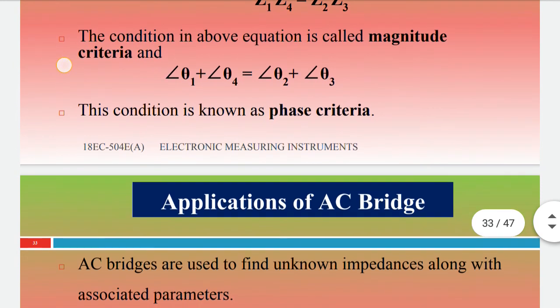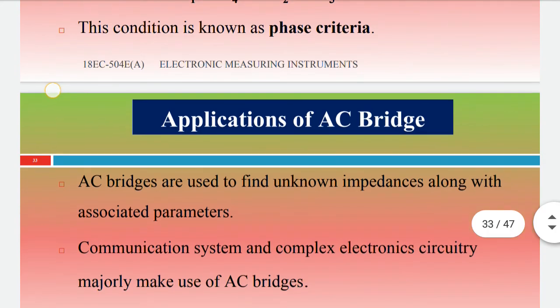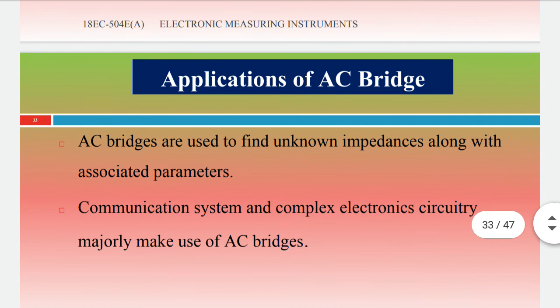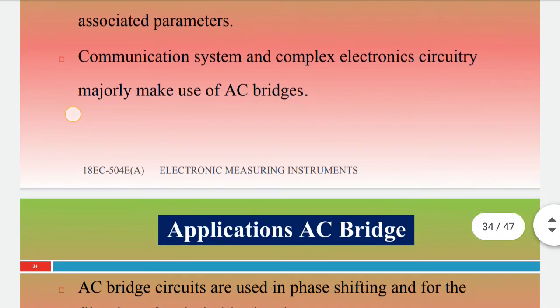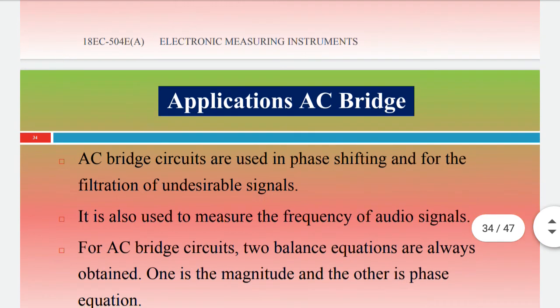Now let us move on to the applications of AC bridge. AC bridges are used to find unknown impedances along with the associated parameters, and they are used in communication systems and complex electronic circuitry. AC bridge circuits are used in phase shifting and for the filtration of undesirable signals.